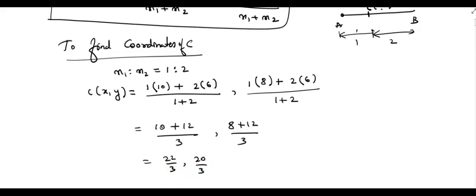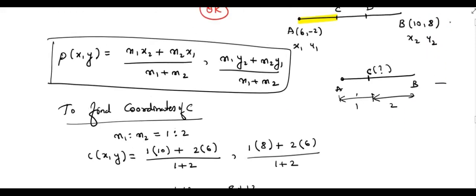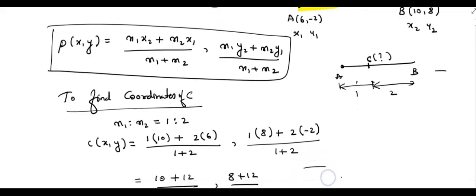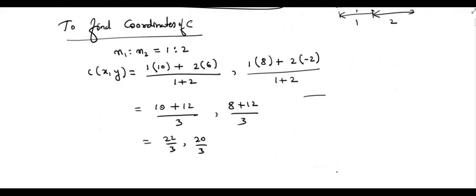Is this clear? One minute, let me check. 22 by 3. 1 into 8. Just a minute. See, m1 is 1, y2 is 8, plus m2 is 2 into y1. y1 is minus 2, sorry. Then 1 8s are 8.